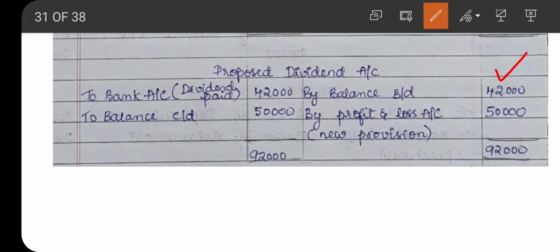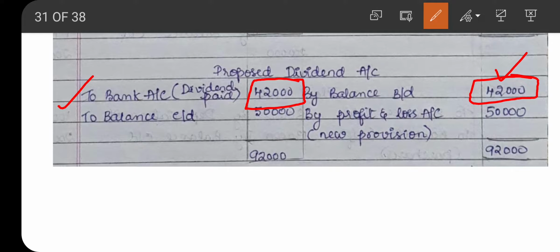So when only the proposed dividend account is given and no other information is given in the problem relating to dividend, then whatever the opening balance is there, 42,000, it is assumed that the entire 42,000 is paid. So to bank account, dividend paid. We are not considering interim dividend here.